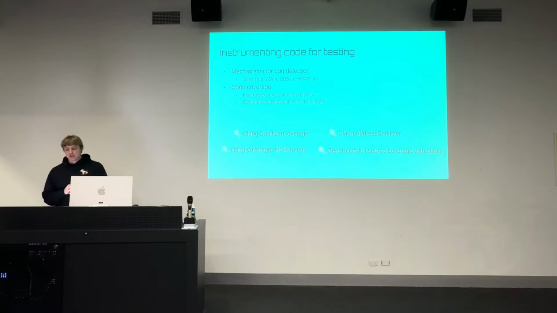And the LLVM project also gives you a lot of ways to instrument code to determine how well covered it is by testing. So SanitizerCoverage allows you to, for example, insert callbacks to specific parts of your program to programmatically perform some action, like set a bit in a bitmap or something like that.